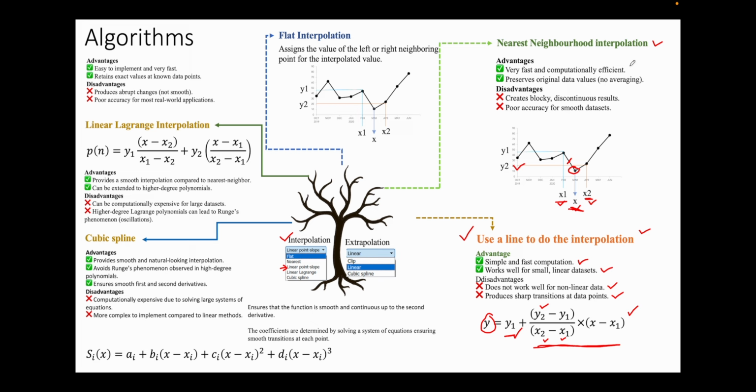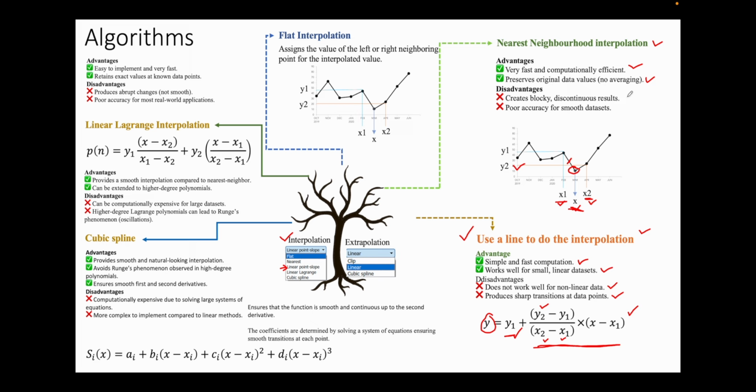So this is also very fast when you try to implement it and it preserves the original value. Whatever values you give on the y-axis, only those values will appear in this case. So it preserves the property of the system for which you want to create the lookup table.